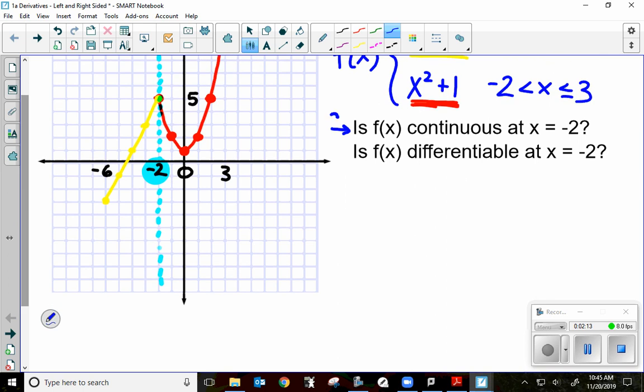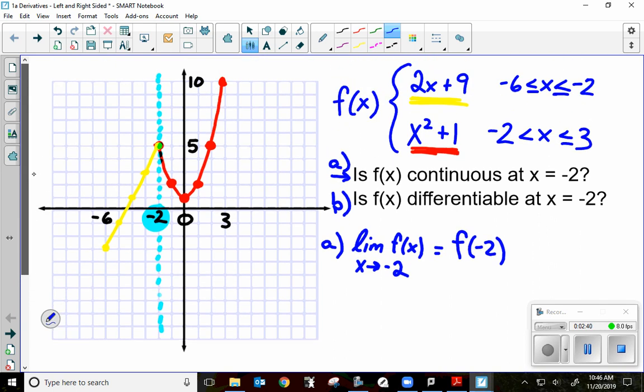So let's call this A and this B here, our second question. So for question A, in order to figure out if it is continuous at -2, the limit as my function approaches -2 has to equal what f of -2 is in the function, okay? So let's take a look at the limit first.